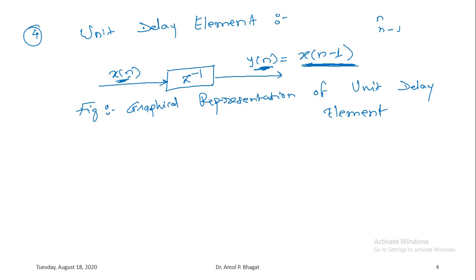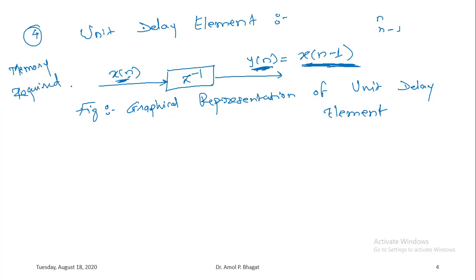So to identify the output of the system, you need to store the previous input samples at the previous time instances. Therefore, this block requires memory. This operation requires memory.